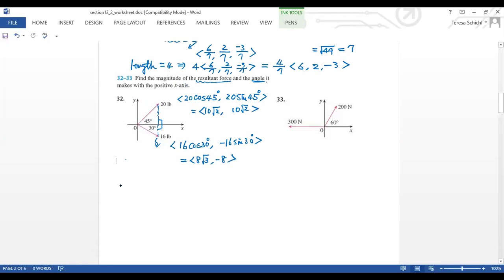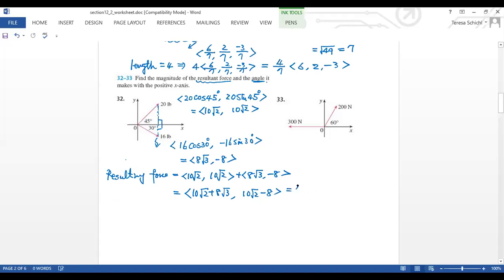So what is the resulting force here? The resulting force is just the sum of these two: 10 square roots of 2 plus 8 square roots of 3 in the x direction, and 10 square roots of 2 minus 8 in the y direction, right?